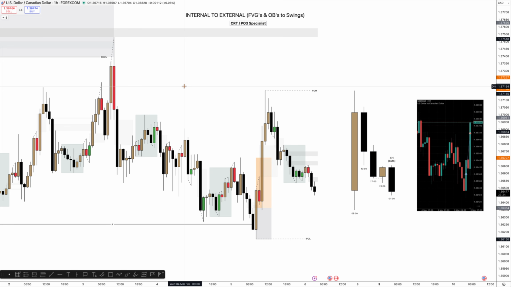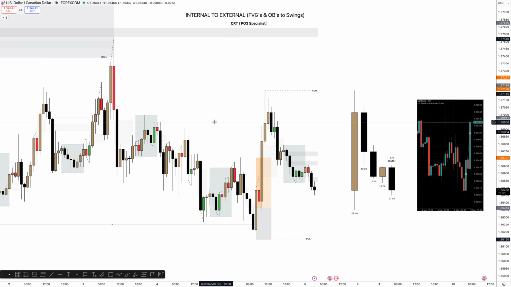I allow these candles to play out, utilizing the fact that we've taken swing liquidity, we've taken a 1 hour swing low, we're going to continue up. Whether it be just to the next swing high on the 1 hour or further is entirely up to you, how long you want to hold this trade for.